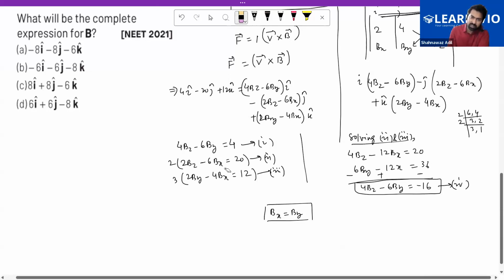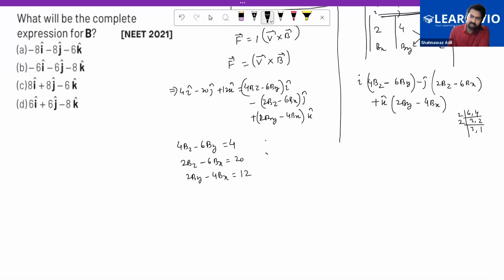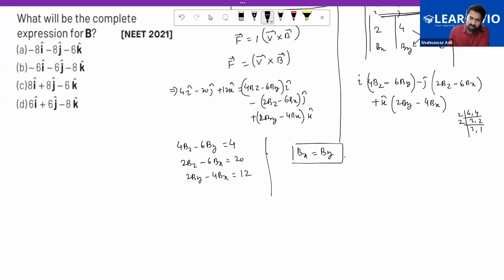Okay, so we got all these equations and no need to solve this one. And then this is given that Bx equals to By. So we can put all these things as B, and Bz is B naught.